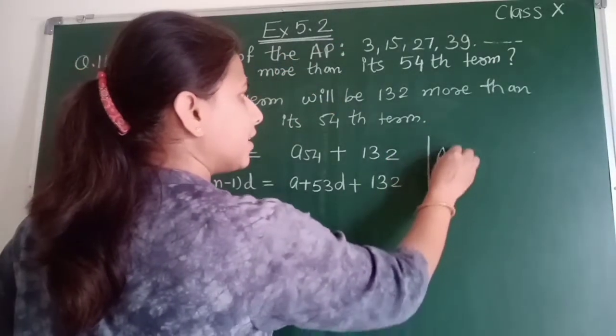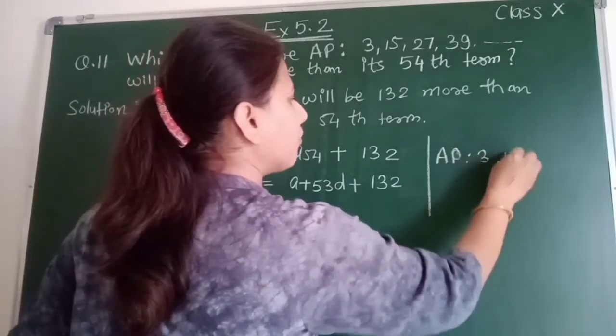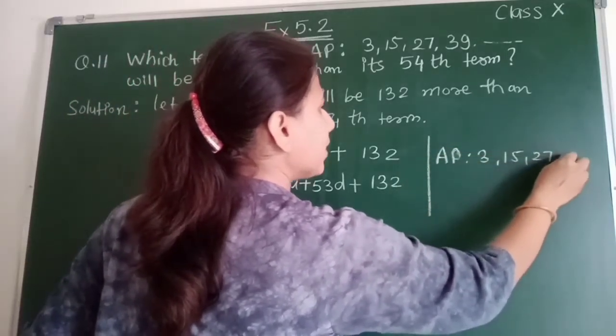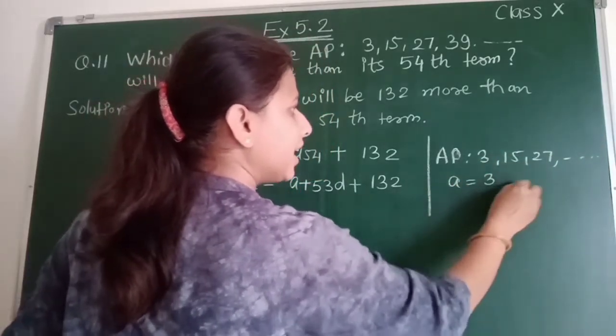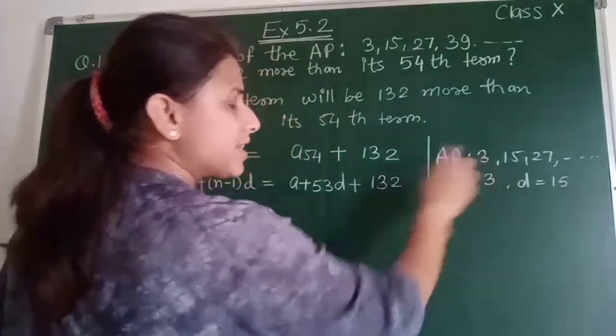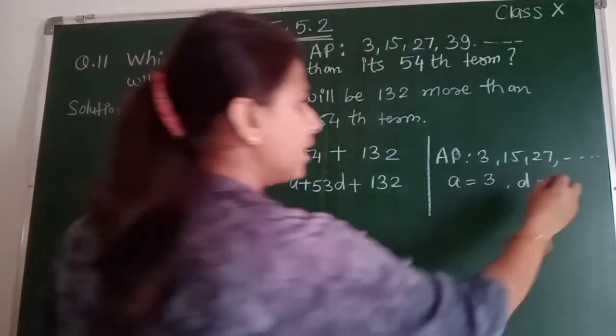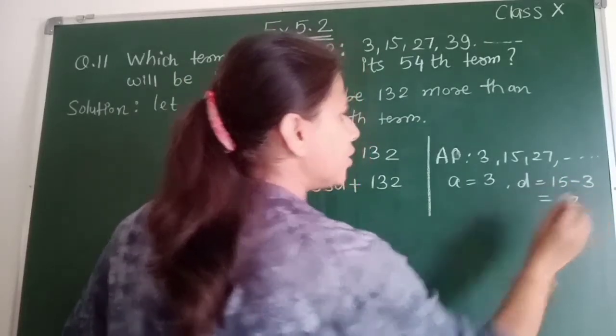What is your AP here? 3, 15, 27, and so on. Here the first term is 3, and d equals, we subtract the first term from the second term. We will get 15 minus 3, which is equal to 12.